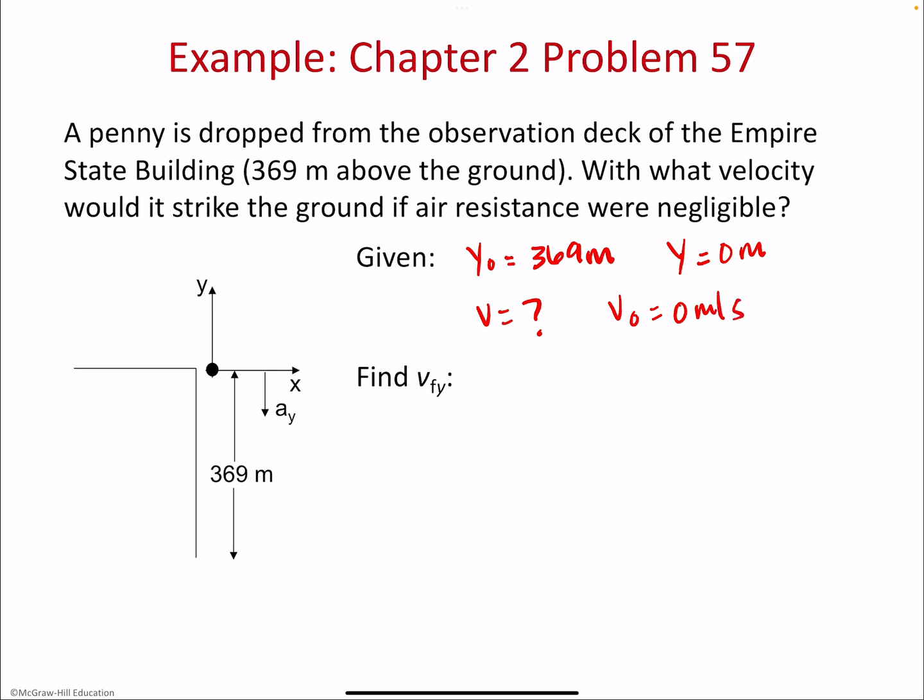Yes, absolutely. It doesn't give you any other information, but we have other information. What is it? Acceleration, negative 9.8. Yep. Notice it never said anything about acceleration in there, but if something is dropped or thrown, you've got to remember gravity, okay?